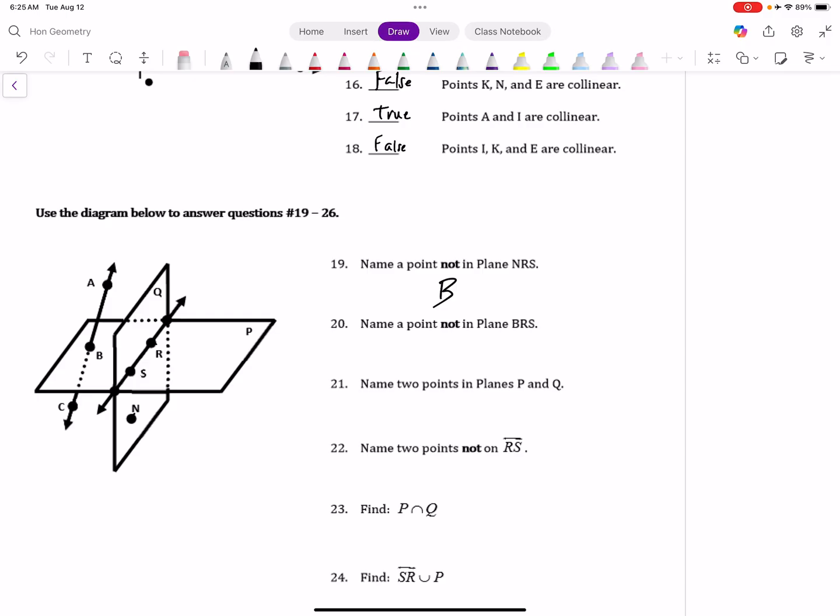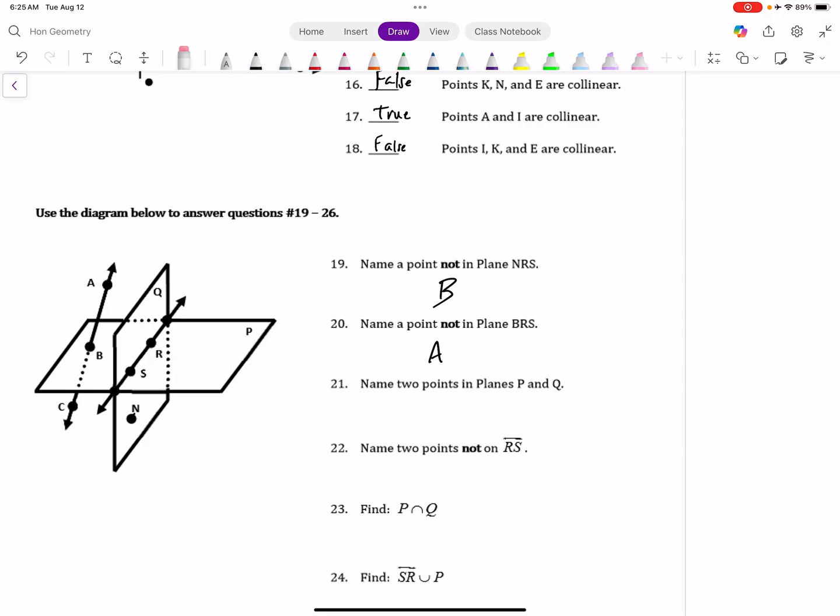I mean, it's possible. All right, so name a point not in plane BRS. So a point not in plane P. So anything not in this one. So I could say either A or C. For sure. I know it would be right.